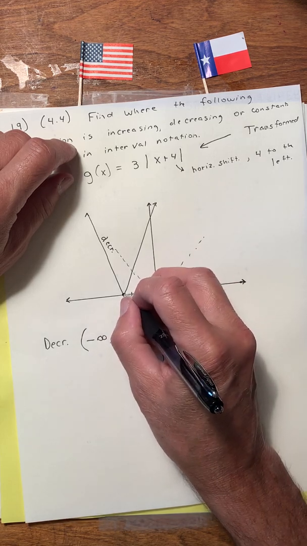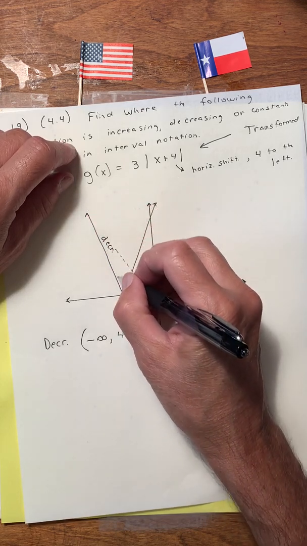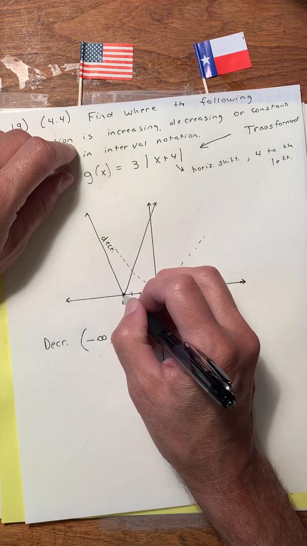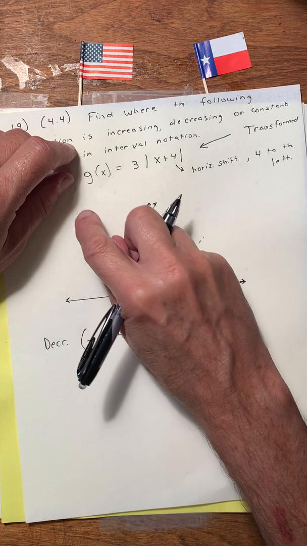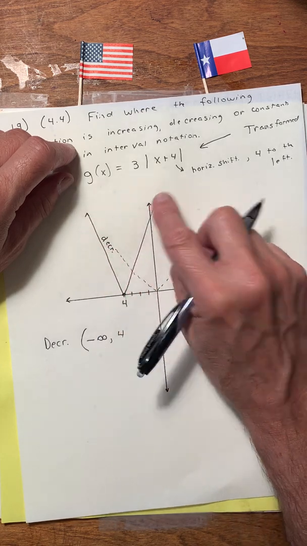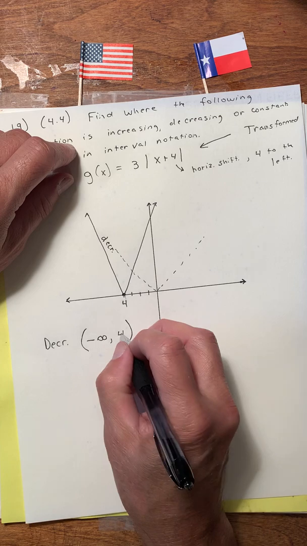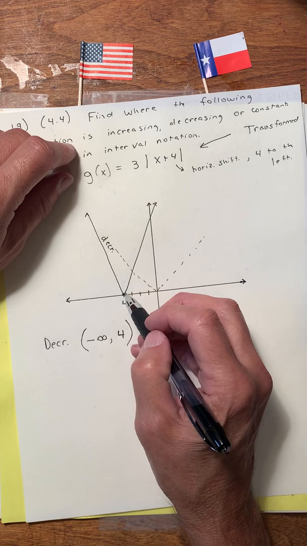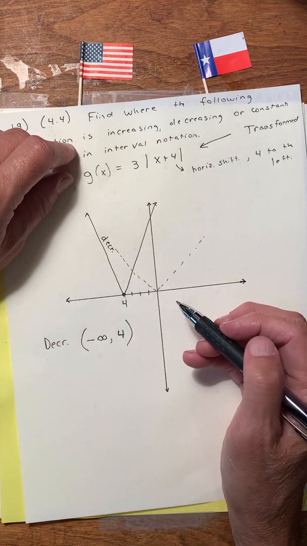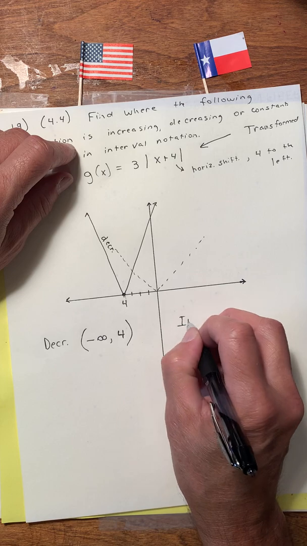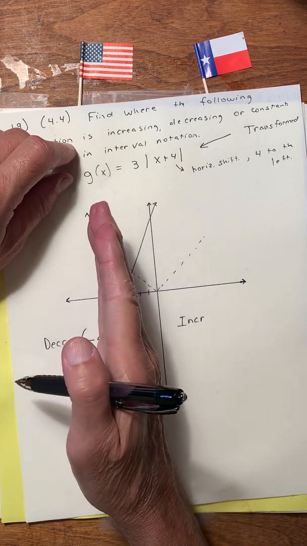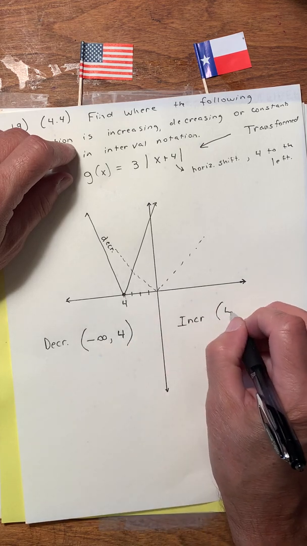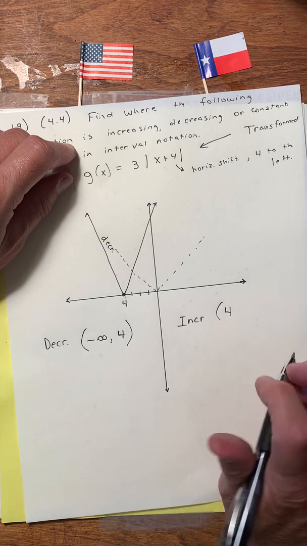Since 4, it appears, is part of both the decreasing and the increasing interval, I do not include it in either interval. This is a turning point. Stops decreasing, starts increasing. So I always have a parentheses to show that 4 is not part of the decreasing or the increasing interval. The increasing interval, again moving from left to right, is from 4 all the way to infinity. And since 4 is a turning point, I do not include 4 in the interval.